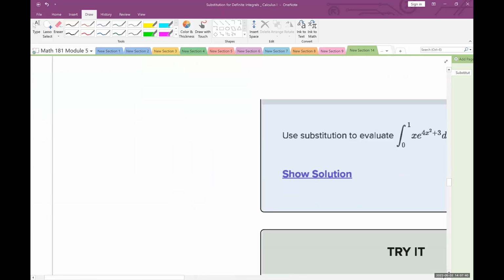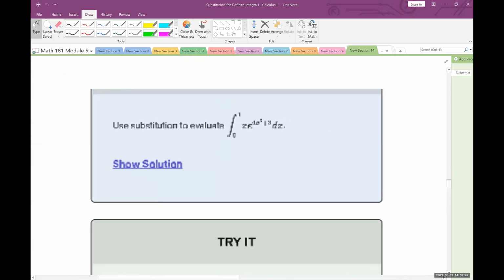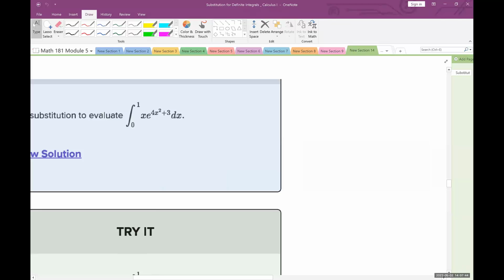Okay, this next one, check this out. We haven't done an e in a while. So this part, that's a power for your e, that's what I call the u. So u is 4x squared plus 3. And then what's your du?